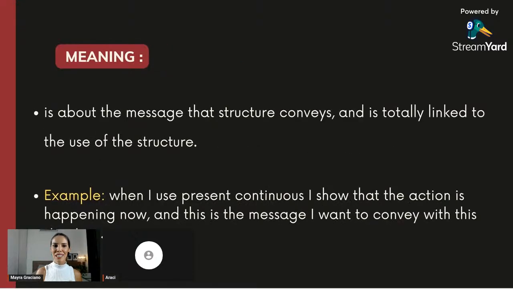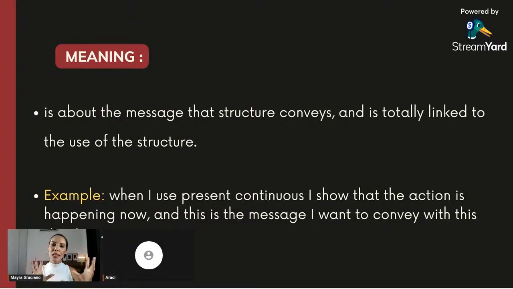All right? Let's see. Then you check the meaning. So the meaning is about the message that structure conveys, okay? It is totally linked to the use of the structure, all right? For example, when I use present continuous, I show that the action is happening now, and this is the message I want to convey with this, okay?